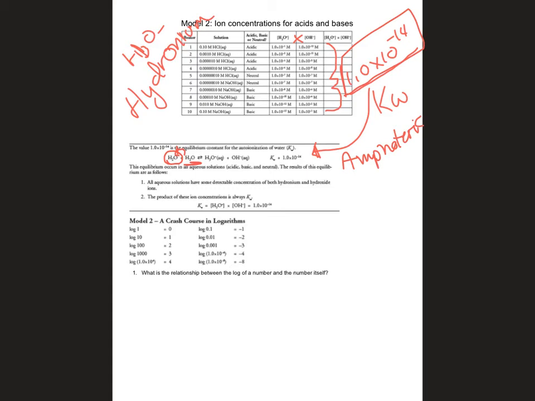Then another interesting thing, all right, so this always holds true. If it's a water solution, that is going to hold true. And then if we take a minute and we remember back to math class, if you have a number like 1 times 10 to the negative 14 or 1 times 10 to the negative 4, and if you take the log of it, you notice that whatever the exponent is on that 10 comes down and becomes our answer.